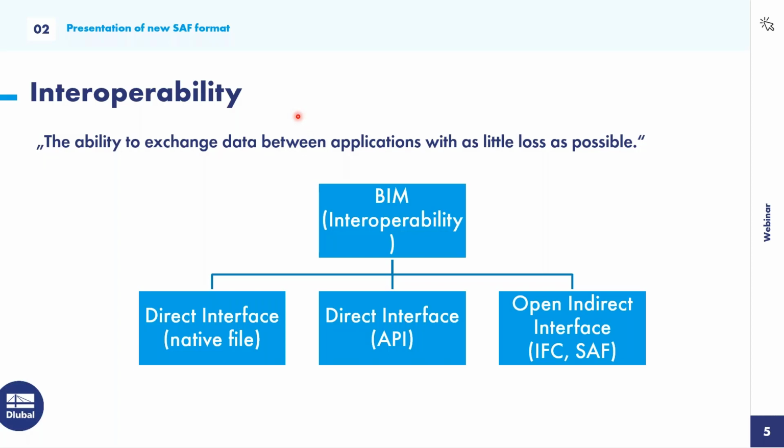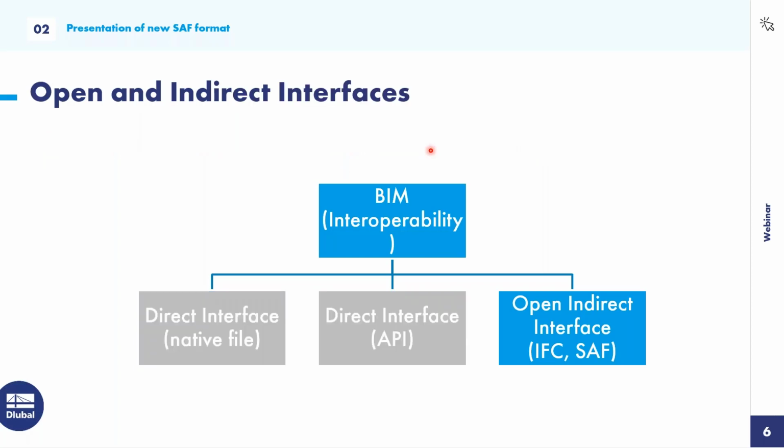Interoperability is nothing else than the ability to exchange data between applications with as little loss as possible. So this is the basic concept of BIM and also the exchange of models. So now let's focus on the open indirect interface.